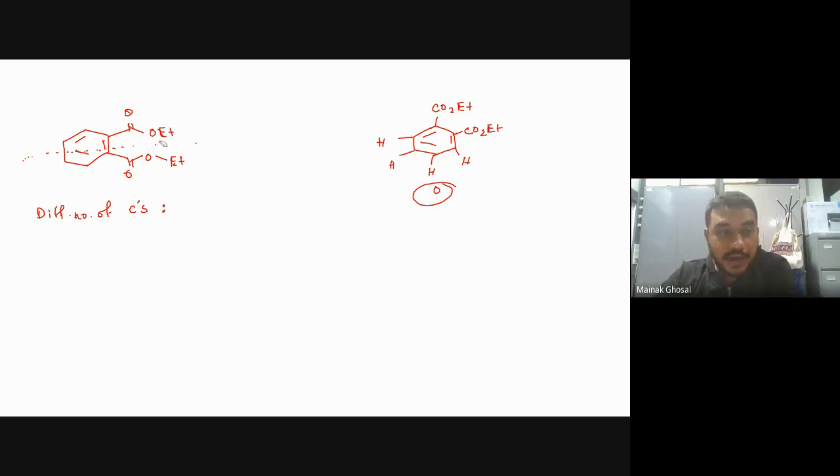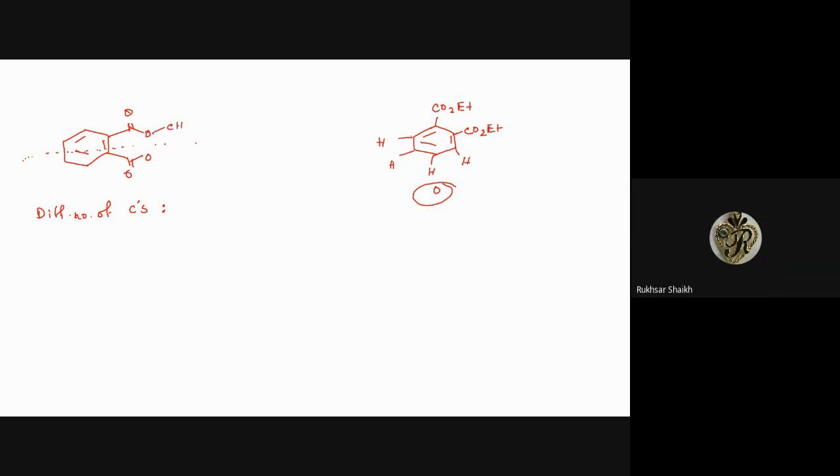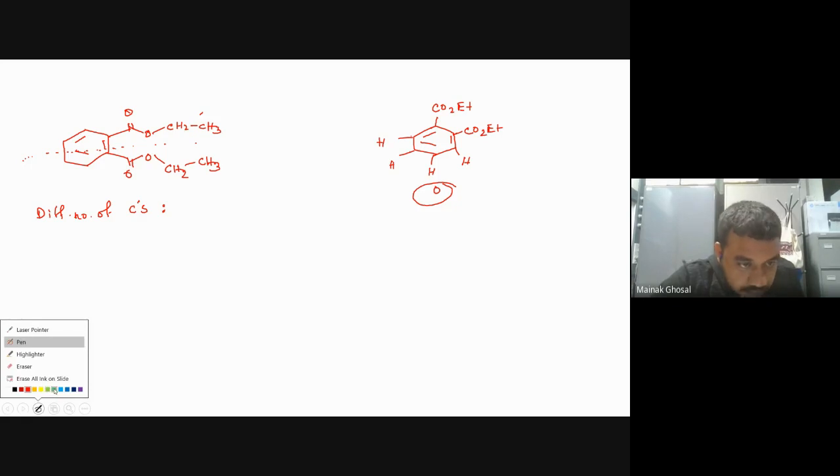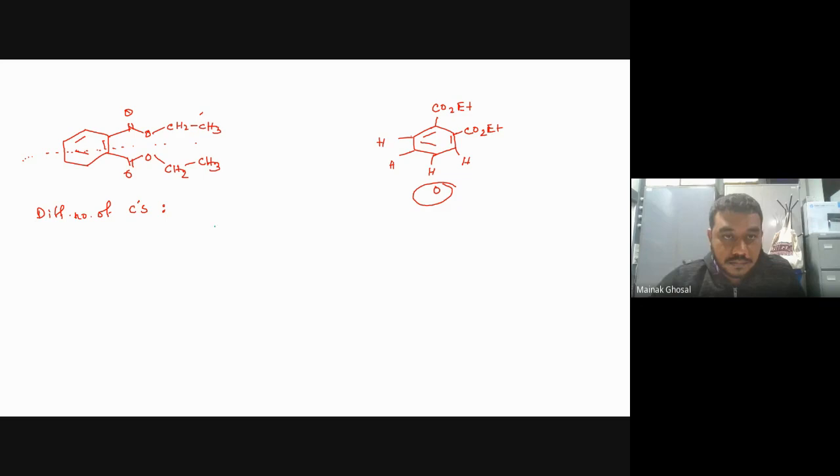I will write this Et as OCH2CH3. Six different carbons.